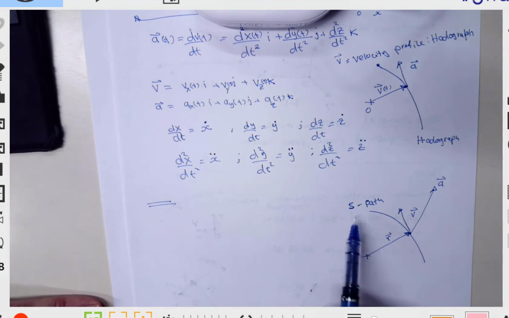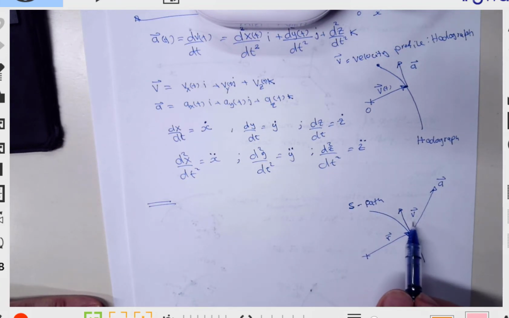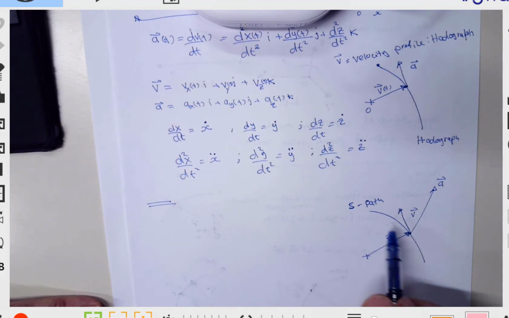So when we deal with the path or the motion of a particle along a position path, we know the velocity is always tangent to the curve. A is a vector somewhere, right?